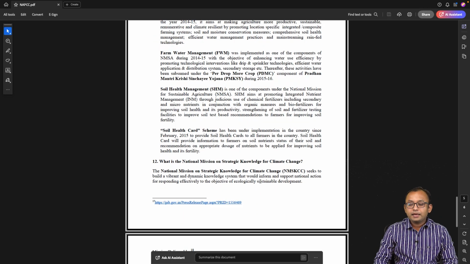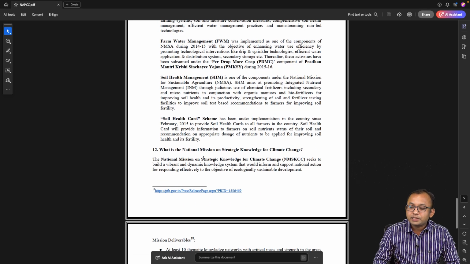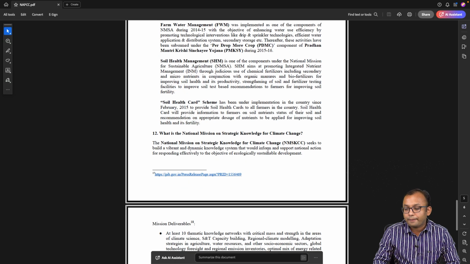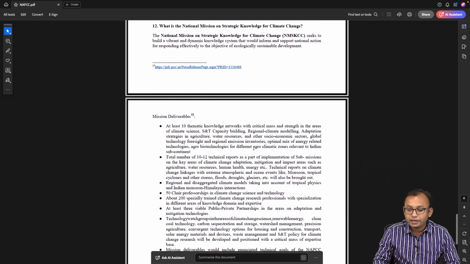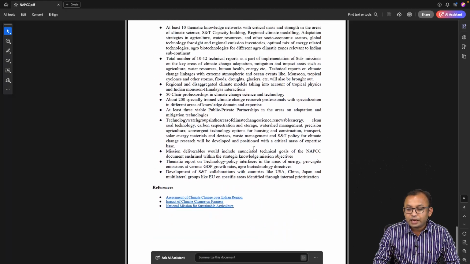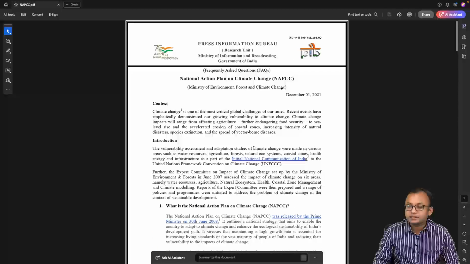Then there is another mission, the National Mission on Strategic Knowledge for Climate Change, which seeks a vibrant and dynamic knowledge system that can inform national action for ecologically sustainable development.